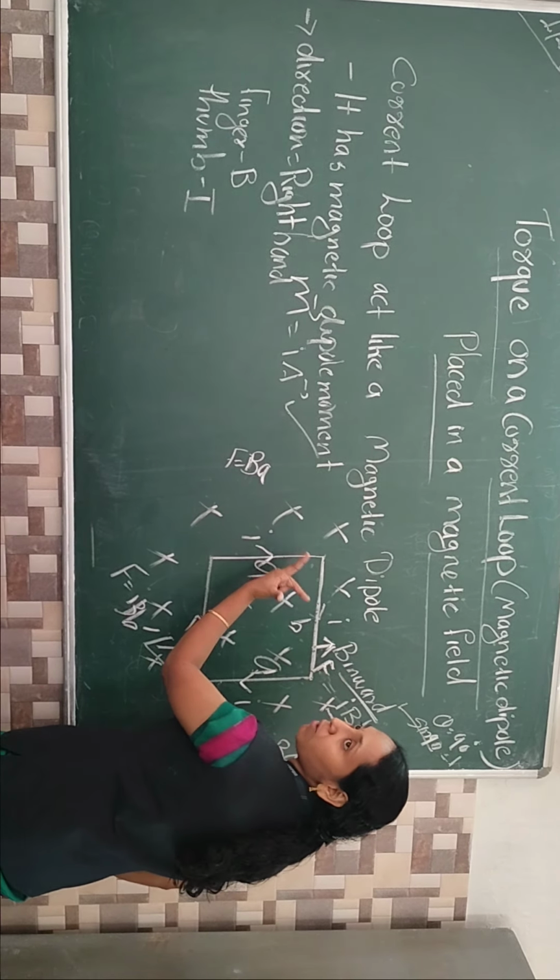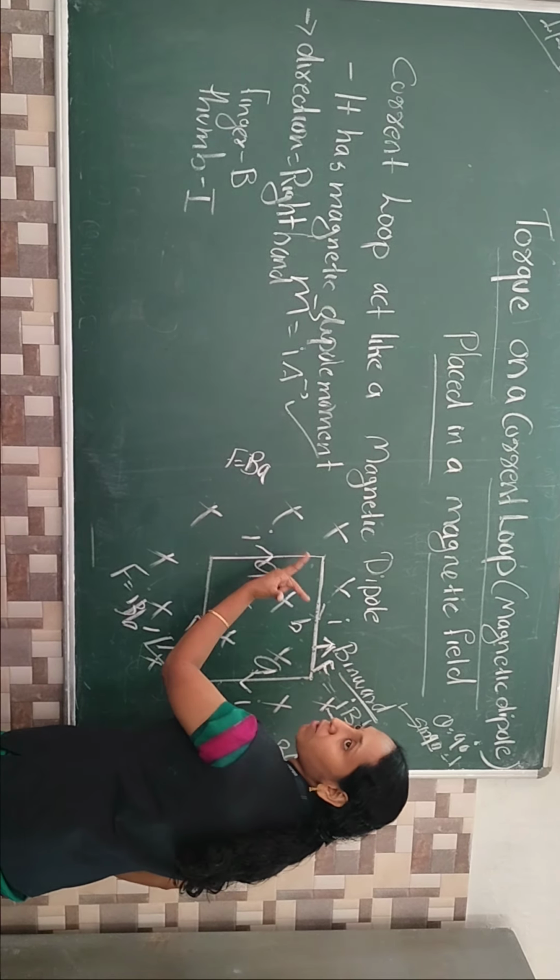Net force is zero. If force is zero, how is there torque? What is the torque? Force into perpendicular distance, right? So force is zero, so torque is also zero. This is case number 1. Clear everyone?